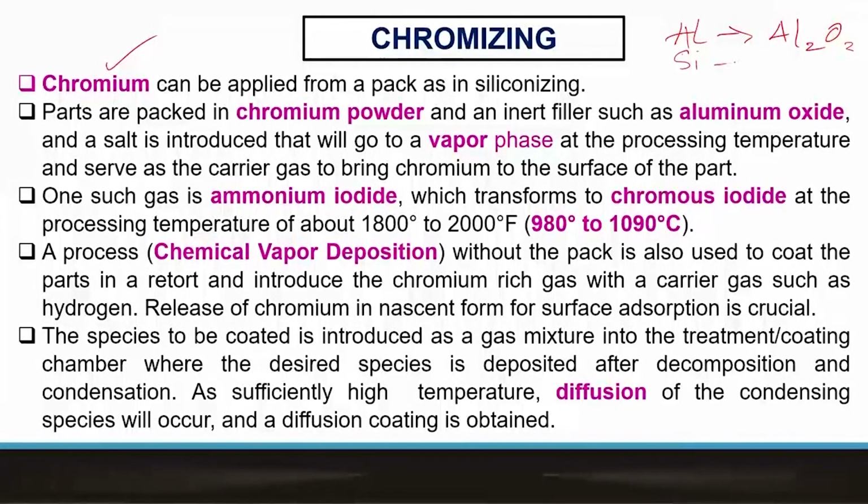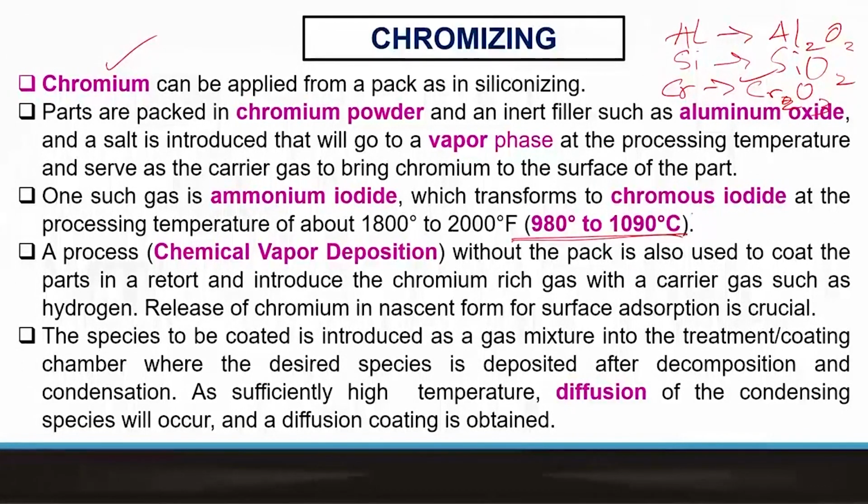Silicon is prone to form silicon dioxide as its most stable compound, and in the case of chromium you are likely to form Cr2O3, not CrO3. This trivalent oxide is fairly stable and has low vapor pressure, so it doesn't evaporate, and protects the steel or any other alloy to a large extent.